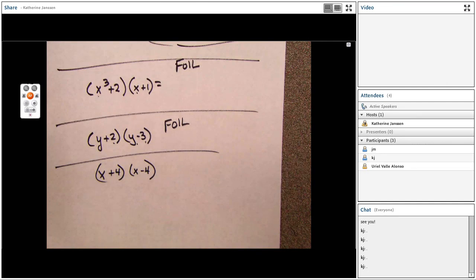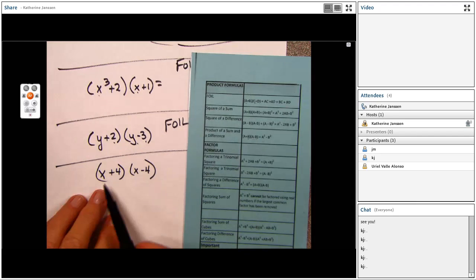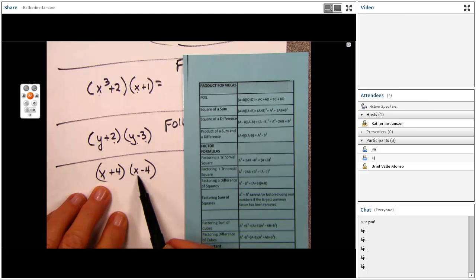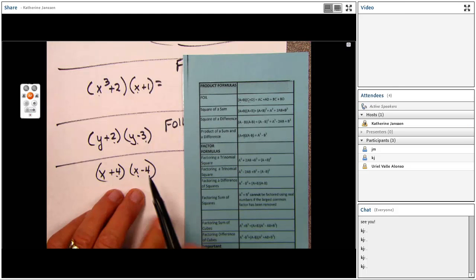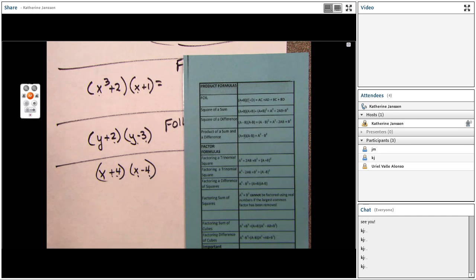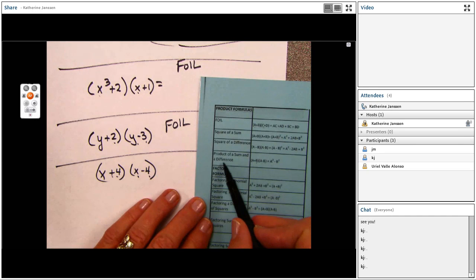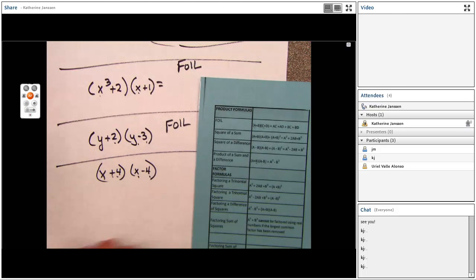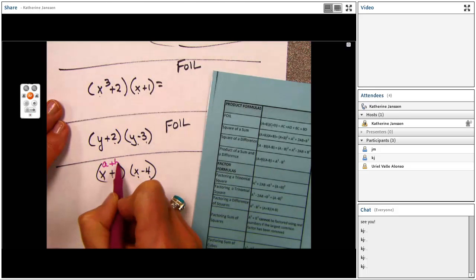Oh, I have a binomial times a binomial, so I'm going to get out my blue card. Are the first two terms the same? Yes. Are the last two terms the same? Yes. Do I have the product of a sum and a difference? Yes. So I'm going to use the product of a sum and a difference, and I'll just lay my form pattern over the top.